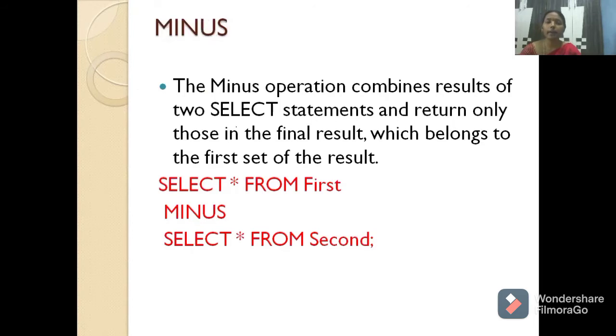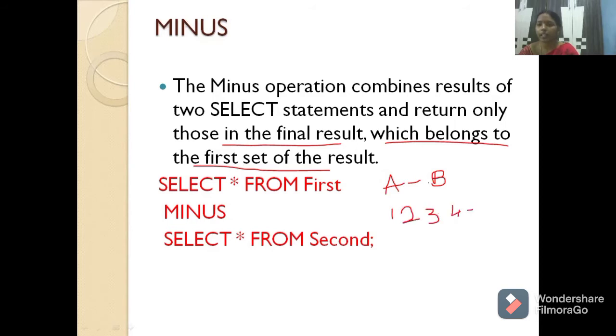Next will be the minus operation. The minus operation combines the results of two select statements and returns only those in the final result which belong to the first result set. So remember that this is nothing but A minus B. For example, A has the rows 1, 2, 3, 4, and B has rows 2, 5, 6, 3.